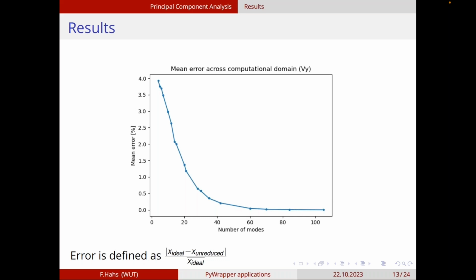Hello. Thank you very much for the presentation. So I understand you have applied the PCA to reduce the solution space and use that for the adjoint solution.